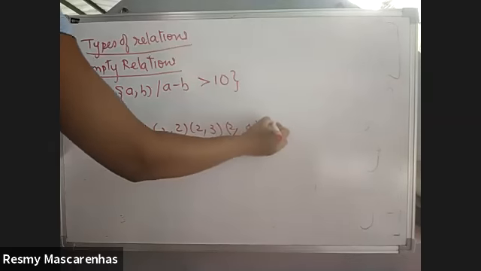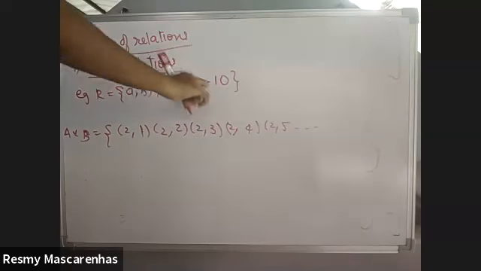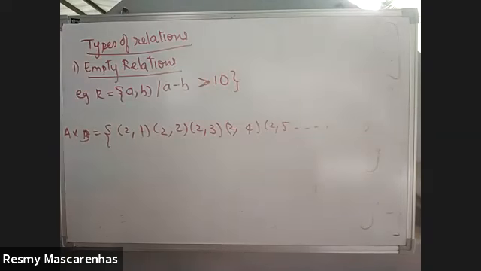So like this it was, and so on. Now just try to find those pairs where A minus B should be greater than 10. So this is A and this is B.